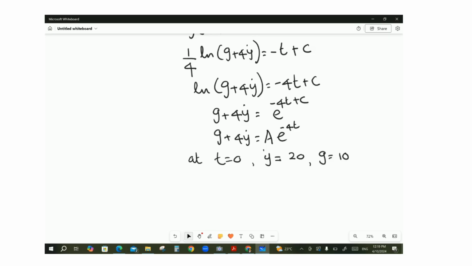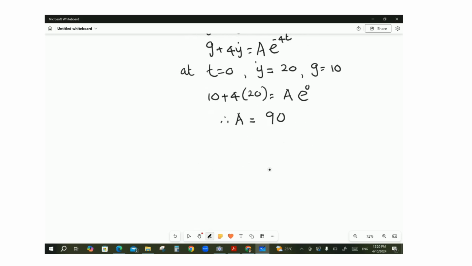So if we substitute these values, 10 plus 4 times 20 is equal to a times e to the power 0. So therefore a is equal to 90.